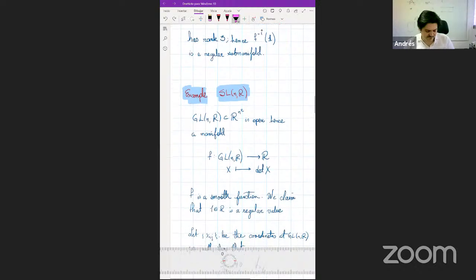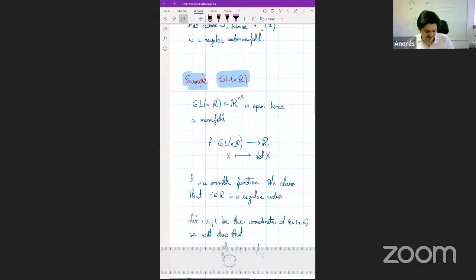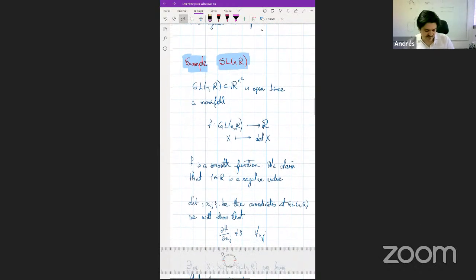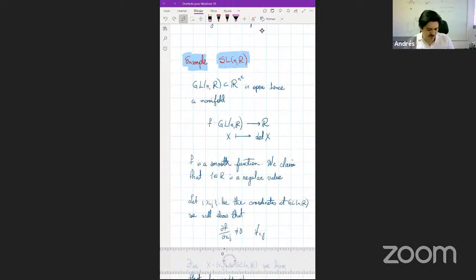Okay, so I'm going to denote by x_ij the coordinate functions of Euclidean space. And this is wrong. This is not true for all i and j, but for at least one, right?